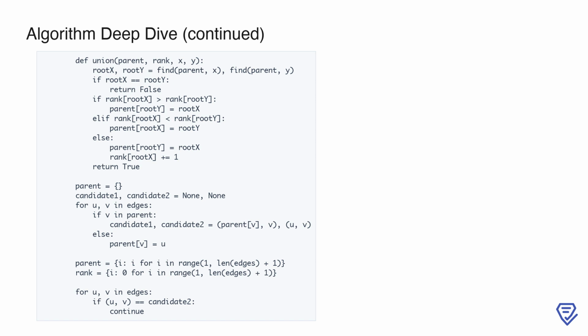As we iterate through the input edges, we assign parents to nodes unless a node already has a parent, in which case we record the two conflicting edges. After this, we reinitialize the union find structure, setting up parent and rank dictionaries for all nodes. This prepares us to traverse the edge list again, this time focusing on detecting cycles and resolving conflicts.